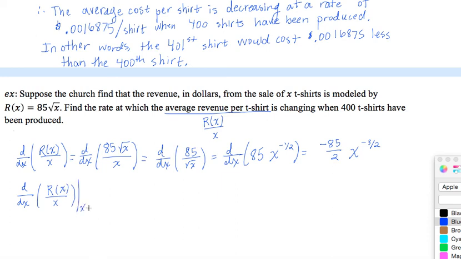Okay, so we want the rate at which the average revenue per shirt is changing when 400 have been produced.